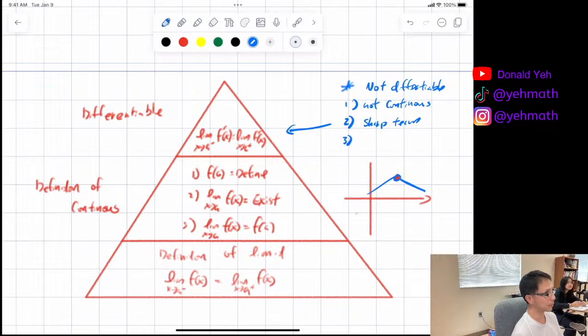I didn't say cusp is wrong. I just say cusp is not the best way to say this. Cusp is one of these.